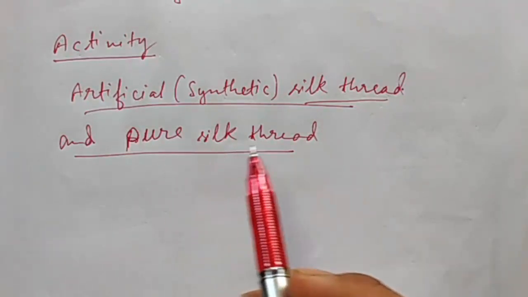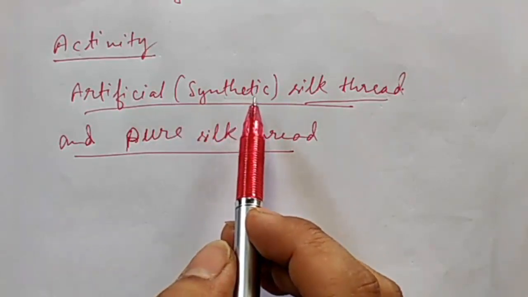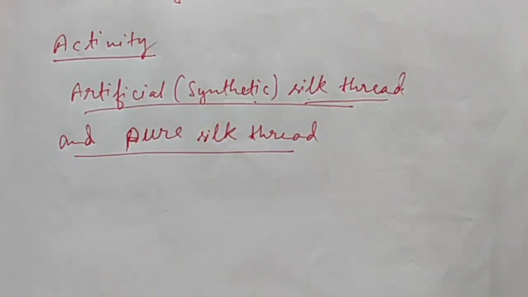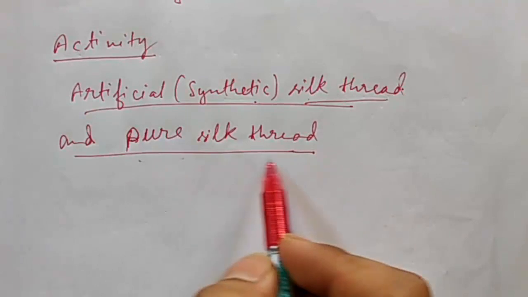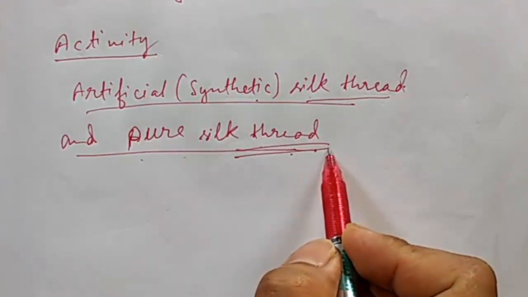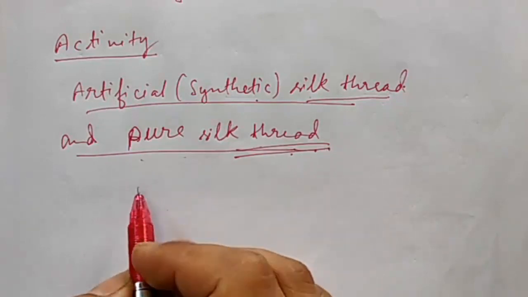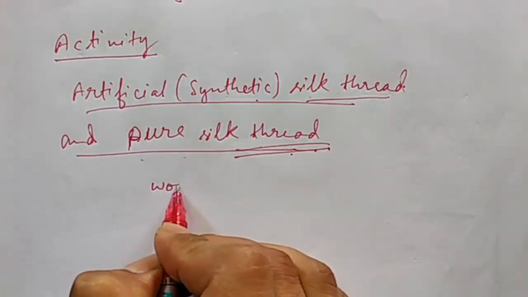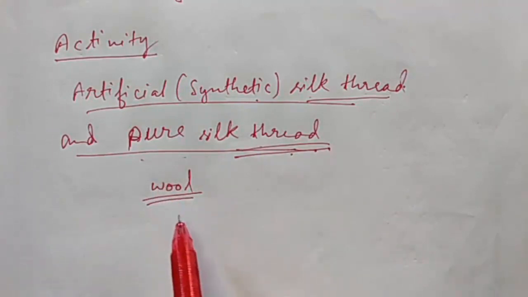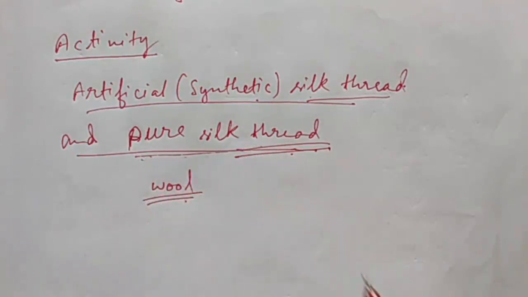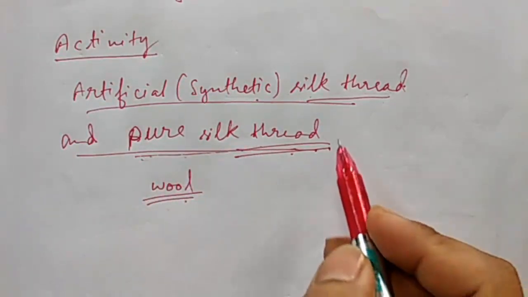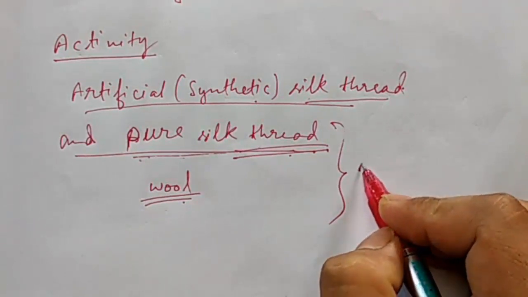When we burn the artificial silk thread and the pure silk thread, there will be a different smell. Burning the pure silk thread will smell similar to burning wool. So burning wool and burning pure silk thread will smell like burning hair, which means these are natural substances.